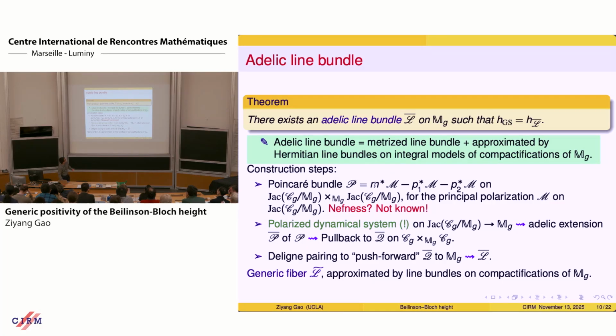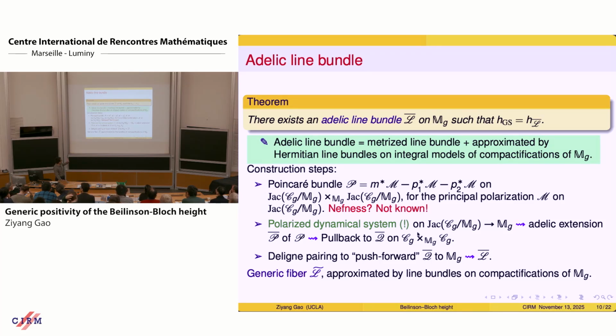It's defined in this way for the principal polarization. I write it down here to emphasize that if you write down something like this, a priori, you have no reason to see why it is nef, because you have this minus sign. And in fact, this problem of nefness is the hardest thing in our paper. We cannot prove that it is nef. So nefness is not known.